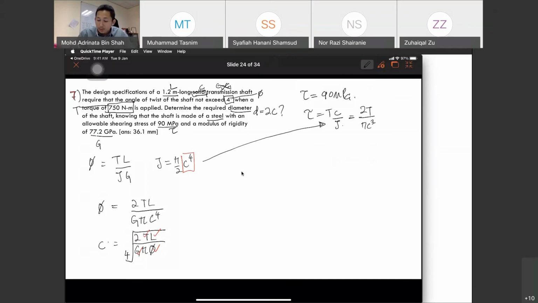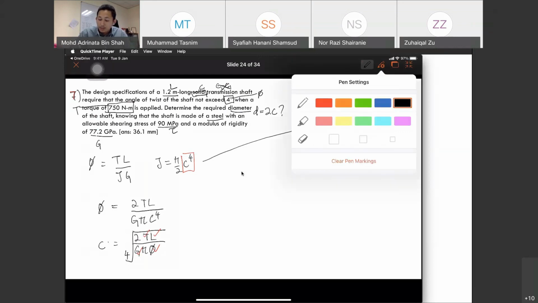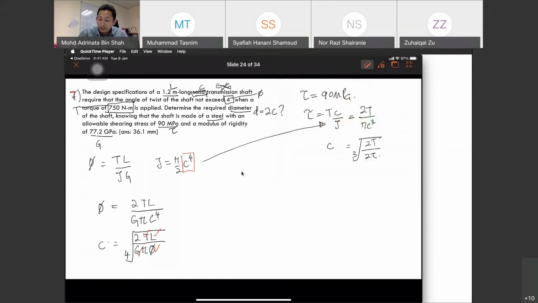So c to the power of 3 equals 2T over pi tau. We remove the power of 3. So this will be the number 1 that you need to solve, and this will be the number 2 that you need to solve.